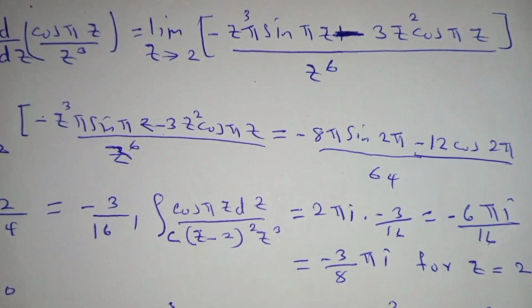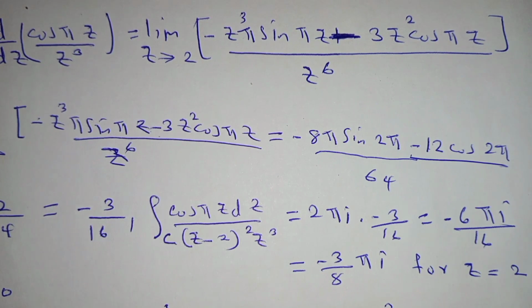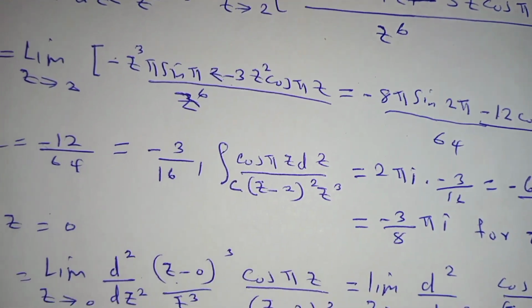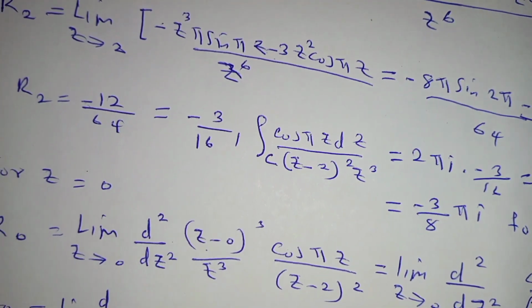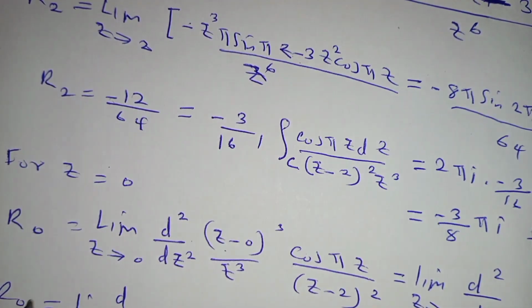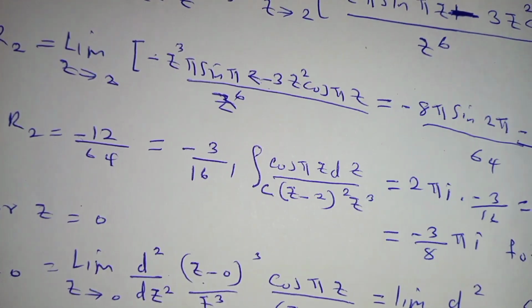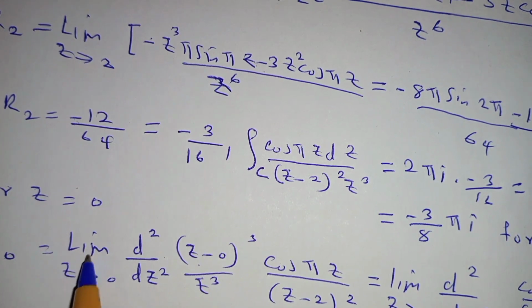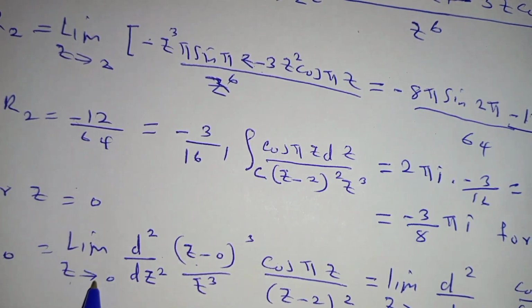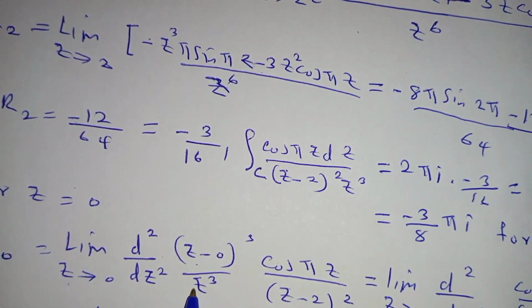So that's so much for doing the study with me. I leave you with the other part for z is equal to 0, and get the residue by taking the limit as z tends to 0. You get the second derivative of this function.